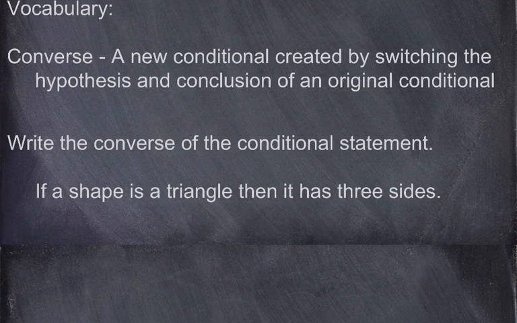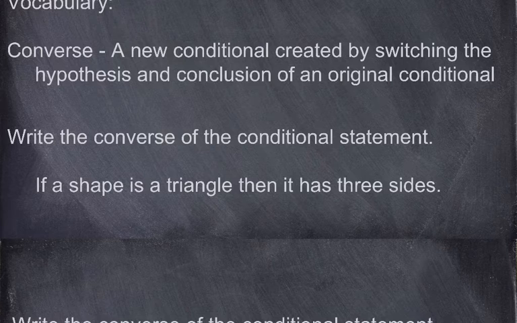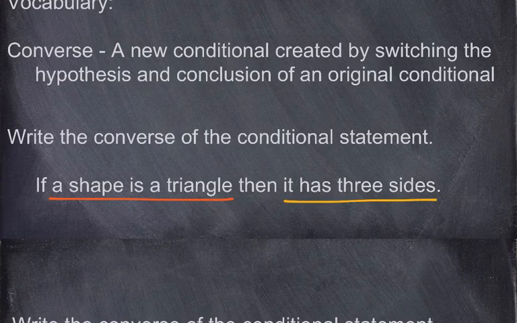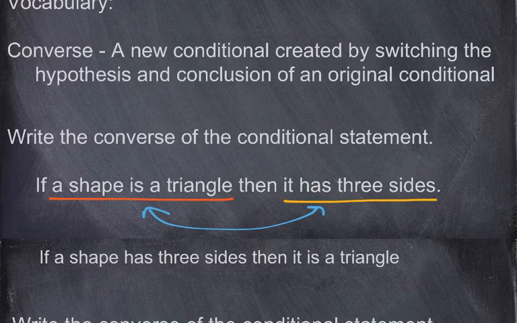So here we have, write the converse of the conditional statement. If a shape is a triangle, then it has three sides. And again, the hypothesis here is a shape is a triangle, and the conclusion, it has three sides. So what we're going to do is swap positions. Now, when you do that, you might have to modify the wording slightly to make it make sense, because the conditional itself has to stand alone as a logical sentence. So what we came up with is, if a shape has three sides, then it is a triangle.